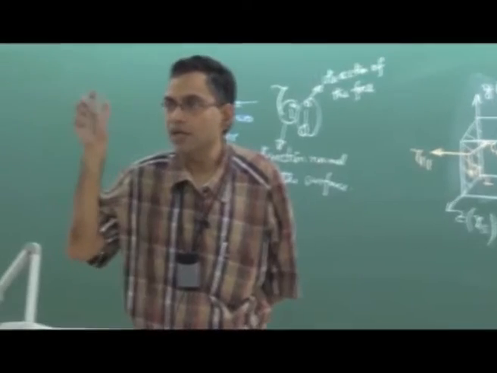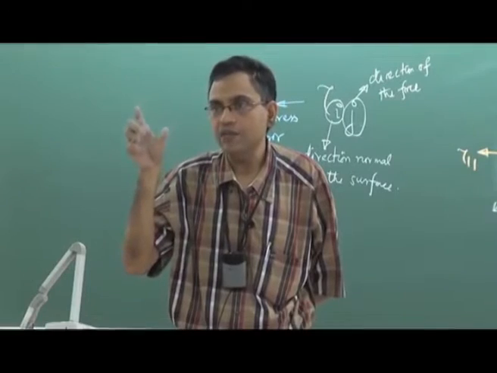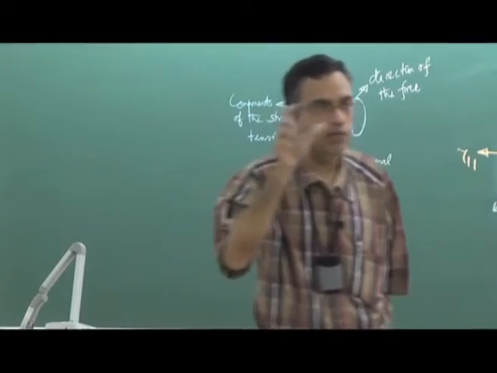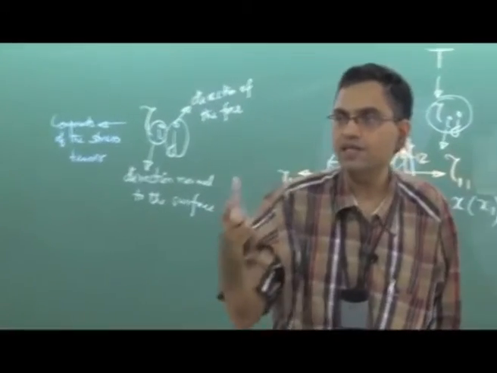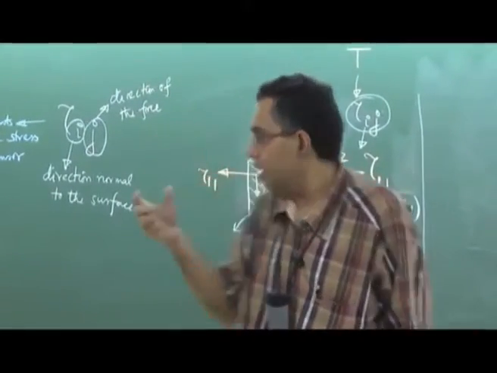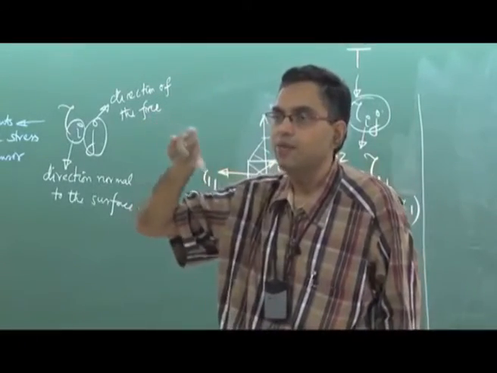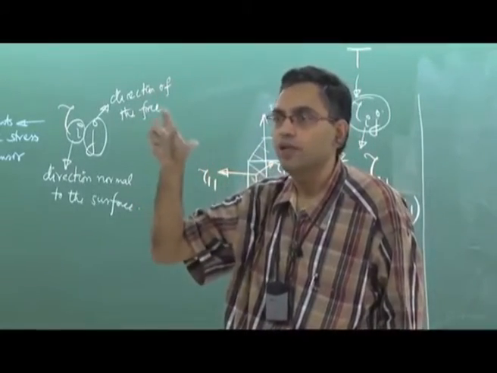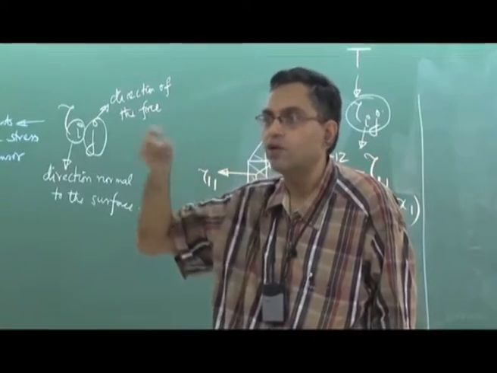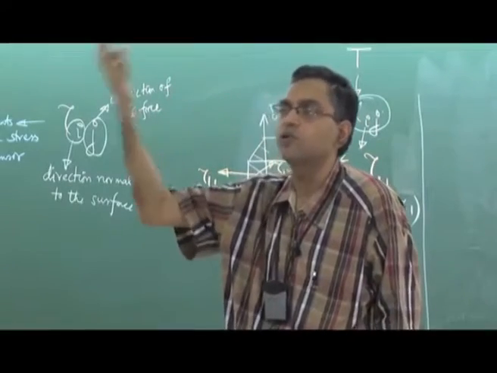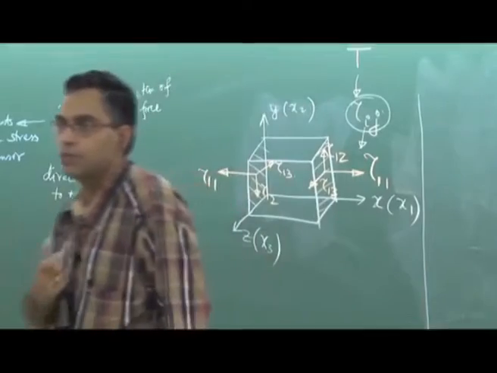The surface ABC has arbitrary orientation, and the other surfaces have normals along x1, x2, x3. So, for the other surfaces we can use the tau ij notation, but not for the surface ABC. By writing the equation of equilibrium for the entire volume we will be able to represent the force on an arbitrarily oriented surface in terms of the force on the other surfaces. That is the motivation of taking this type of element.